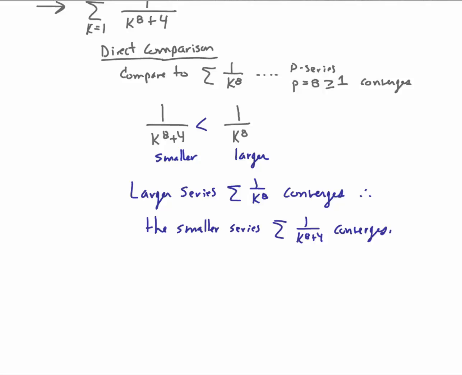We have another comparison test called the limit comparison test. I like the limit comparison test. It's pretty handy. It might test some of your limit taking abilities. Sometimes they can get pretty intense. So let's go ahead and get started with the criteria.